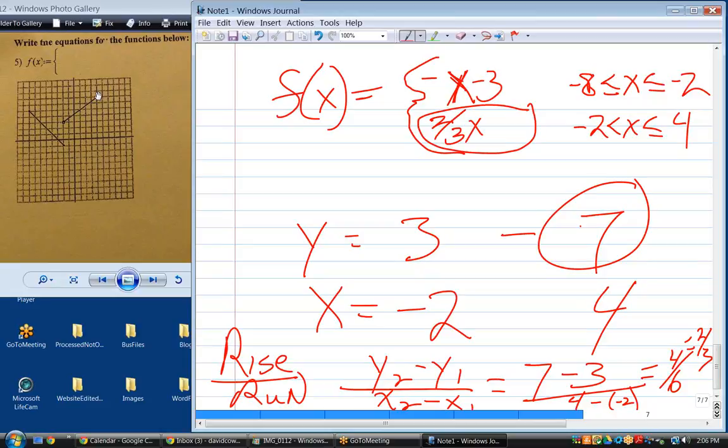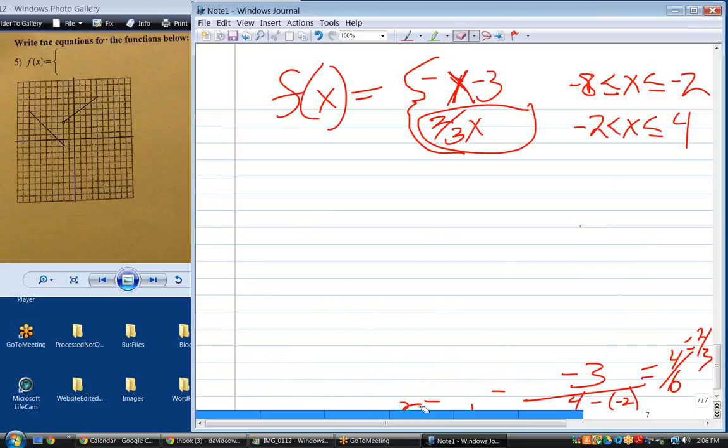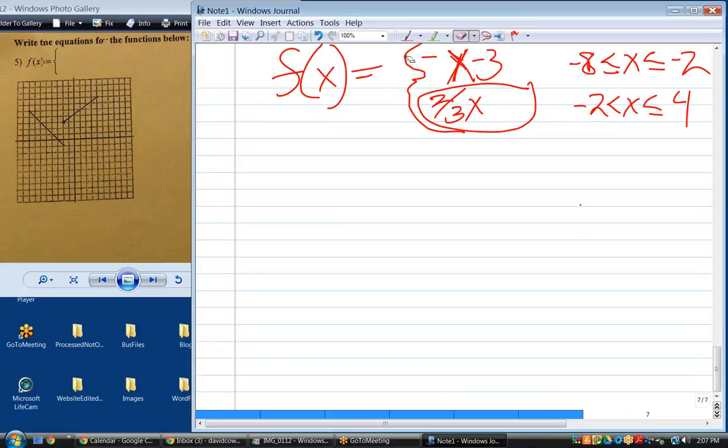Well, this gets a little tricky at this point. We can't really read b from the graph because it's in between lines. We could approximate it, but that's no fun. Let's come up with a b. It's clearly positive. I know the slope is exactly 2/3.